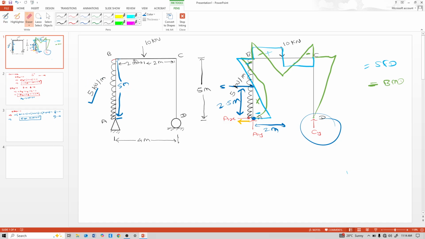How to convert this into a point load? Multiply this 5 kilonewton per meter and the distance acting on this beam, 5 meter. So 5 into 5 is this concentrated point load, and it acts at the center of this beam. Center of this beam is 5 by 2, that means 2.5 meter.